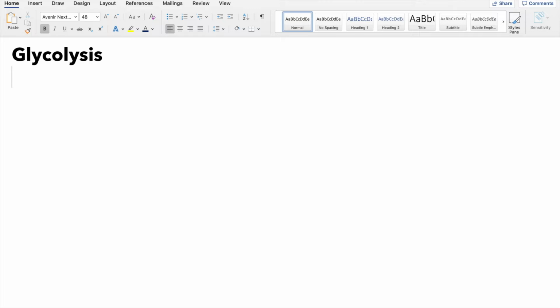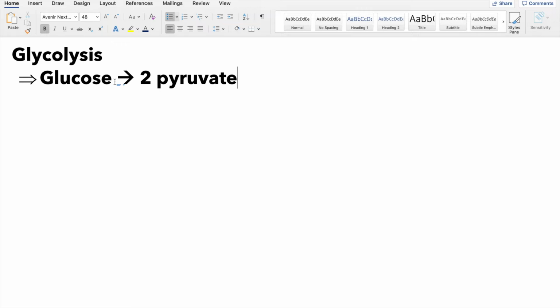So glycolysis is the pathway in which we are breaking down glucose. So we are breaking down one glucose molecule, if I can spell glucose right, into two pyruvate molecules. So glucose is a 6-carbon molecule.